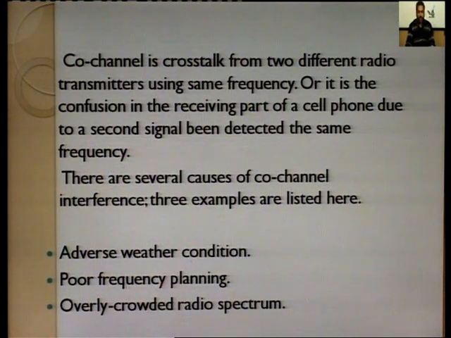There are several causes of co-channel interference. Three examples are listed. First is adverse weather conditions. Due to bad weather in an area, co-channel interference may occur, but this is not permanent and occurs rarely.